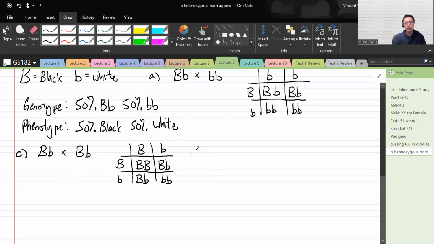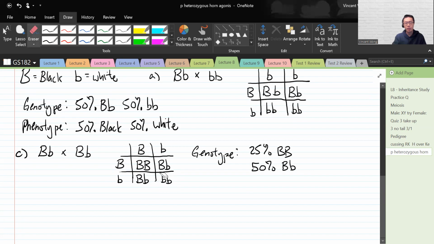Let's take a look at our genotype. 1 out of 4 boxes is big B, big B. That's 25%. 2 out of 4 boxes is big B, small b. That would be 50%.